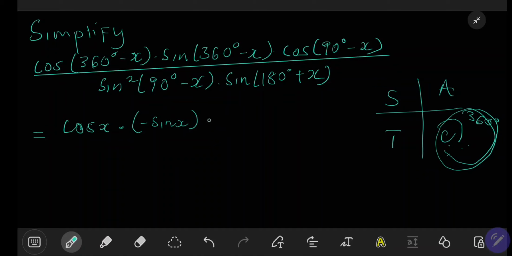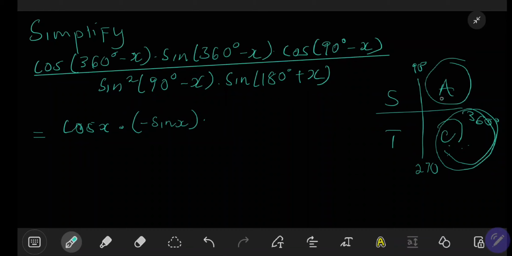And then we have cos of 90 degrees minus. So this is our 90 degrees here, minus, which means this is the first quadrant. Remember, when you have 90 degrees or 270, the trig ratios change to their co-ratios.